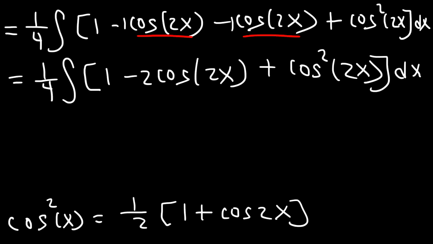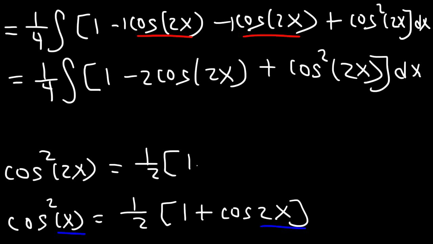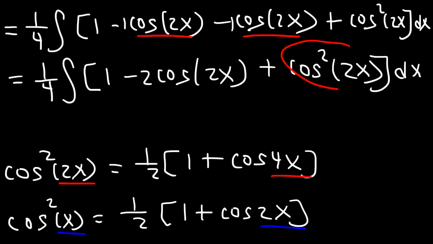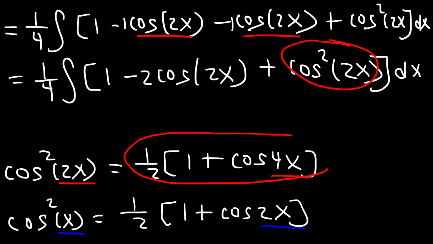Now, as we mentioned before, the angle doubles from x to 2x. Well, this time, we're dealing with cosine squared 2x. So the angle has to double from 2x to 4x. And that's what you have to be careful with in this problem. So we're going to replace cosine squared 2x with 1/2 times 1 plus cosine 4x.